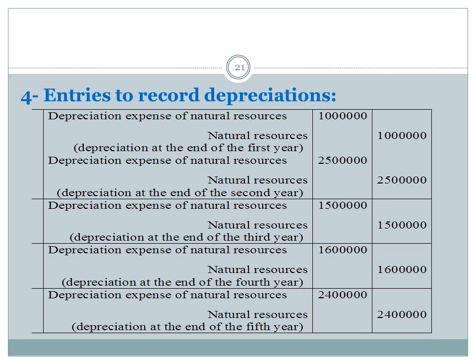Depreciation rate fixed, but the actual production is different from year to another. So the accounts depreciation expense natural resources will be repeated for 5 years. The amounts will be changed from one year to another.